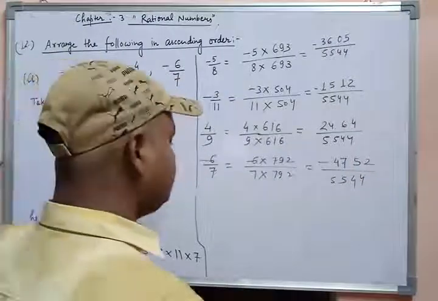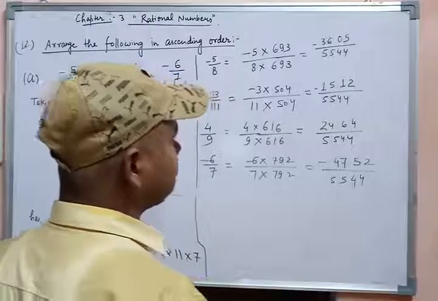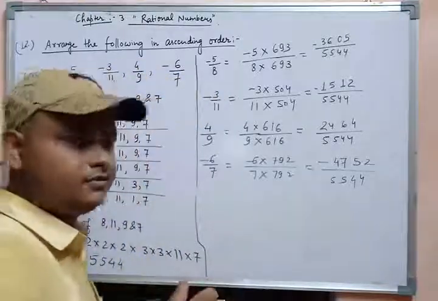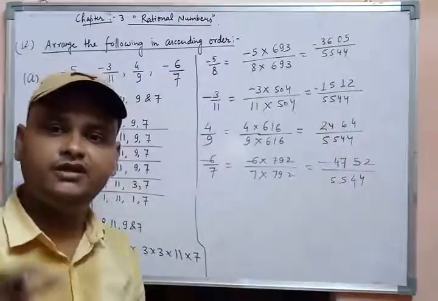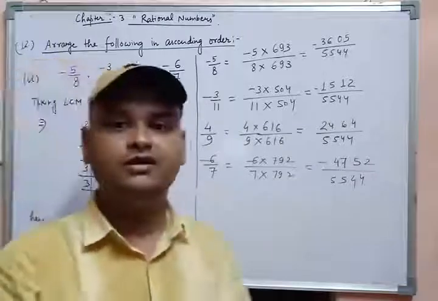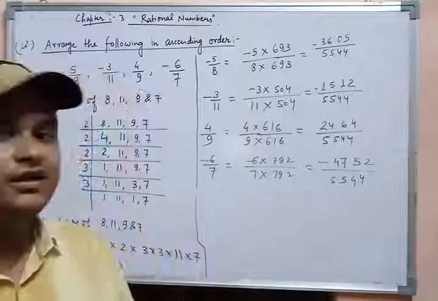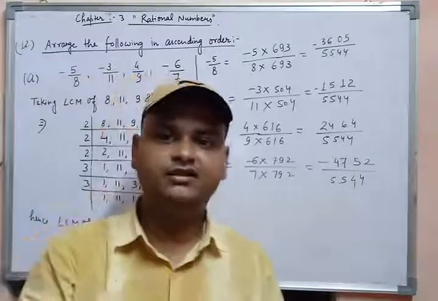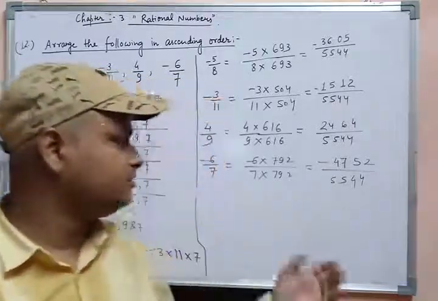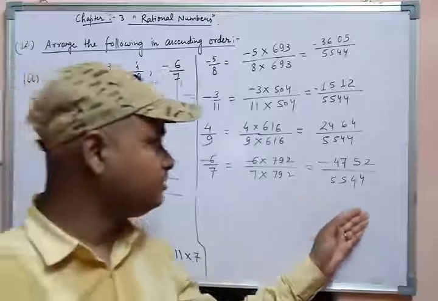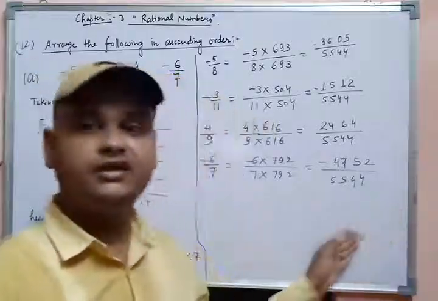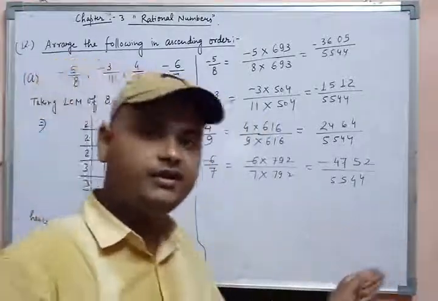I have told in a previous video that if any integer is large, and if we write that large integer with a negative sign, then it will be very small.